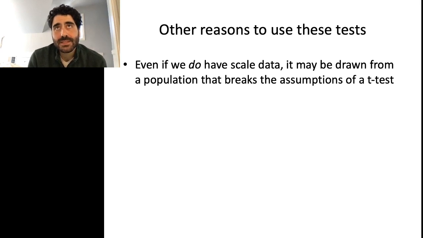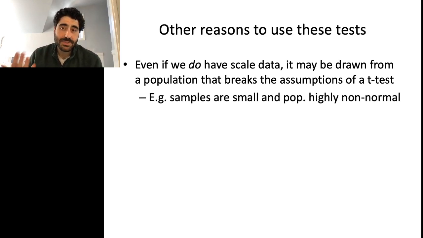This again depends on the particular domain you're working in, but even if you do have scale data, you might want to still treat it as ordinal data. For example, you might have data that breaks the assumptions of a t-test. If you have a really non-normally distributed population and a small sample, then you might be violating some of the sampling assumptions of the t-test.